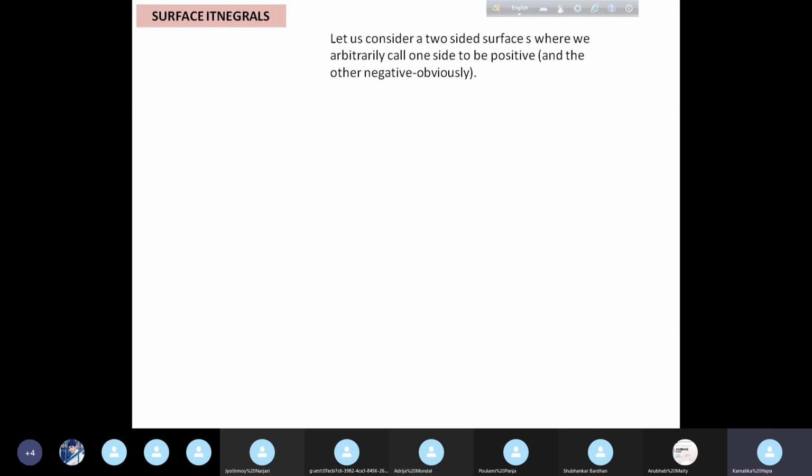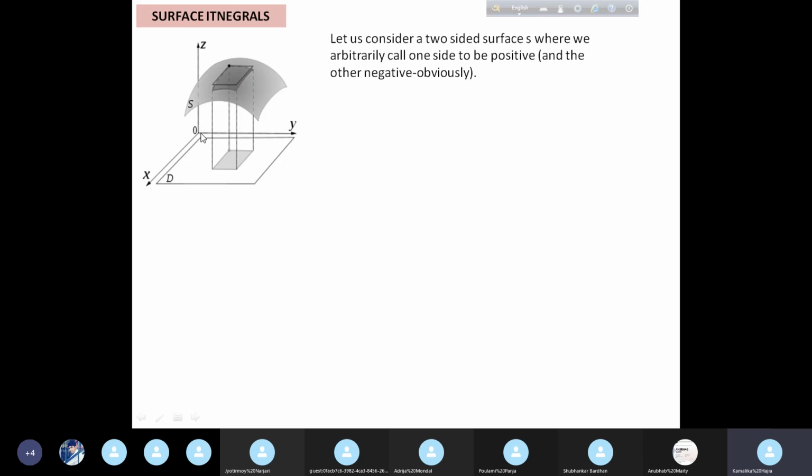A two-dimensional surface would be like a piece of paper, the top of a table, etc. Whereas a three-dimensional surface would be a cube or a sphere. These are the regular surfaces. You can imagine any arbitrarily shaped surface too. Just remember that we are talking of both two-dimensional as well as three-dimensional surfaces, but the surface needs to be two-faced.